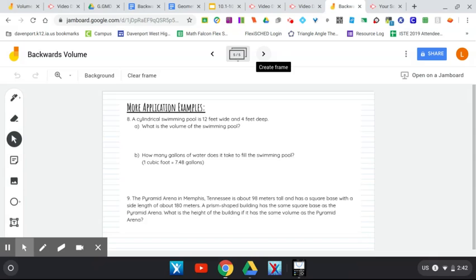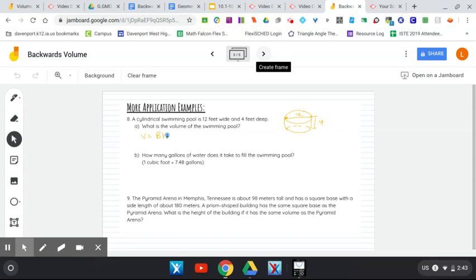So a cylindrical swimming pool is 12 feet wide and 4 feet deep. So here is our cylindrical swimming pool. If it's 12 feet wide, then from here to here, that whole thing is 12, and then the height is 4. What is the volume of the swimming pool?